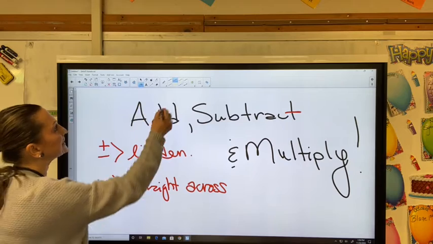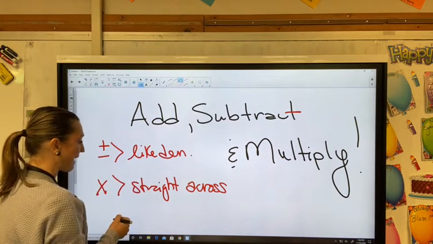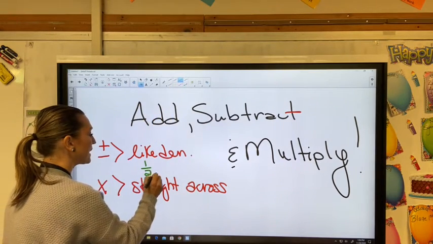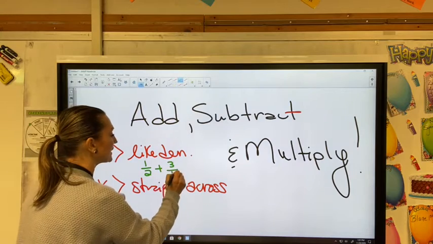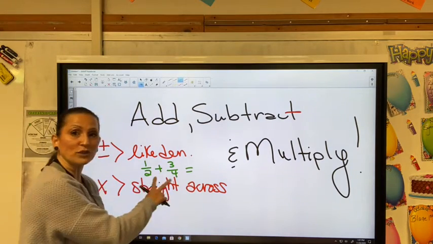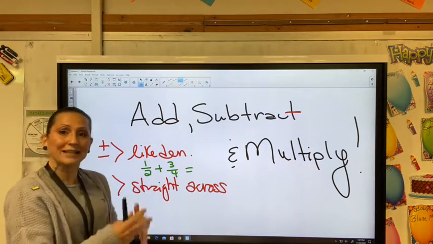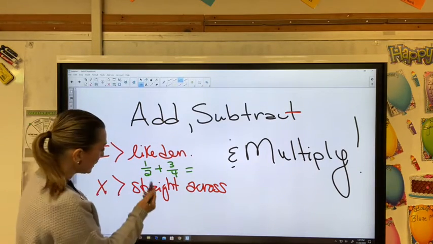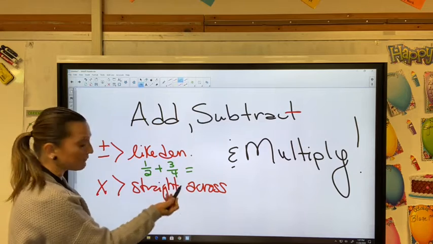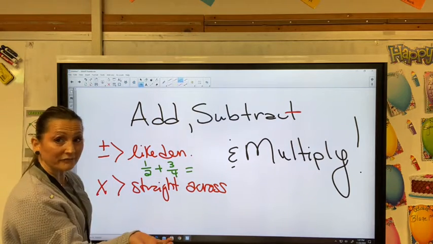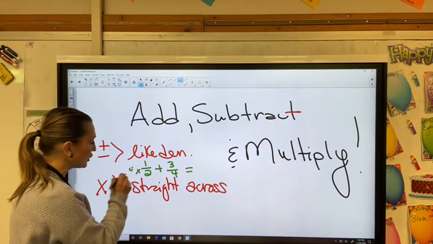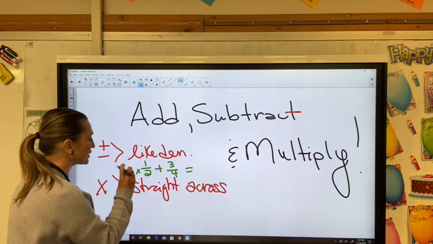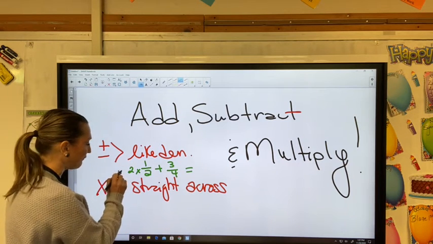So for instance, I'm going to say that I have 1/2 plus 3/4. If I want to add those two things together, they must have like denominators, and I have to figure out what denominator to use. Well, in this instance, I know 2 and 4 have a like denominator of 4, because I can multiply 2 by 2 and it's going to give me 4.